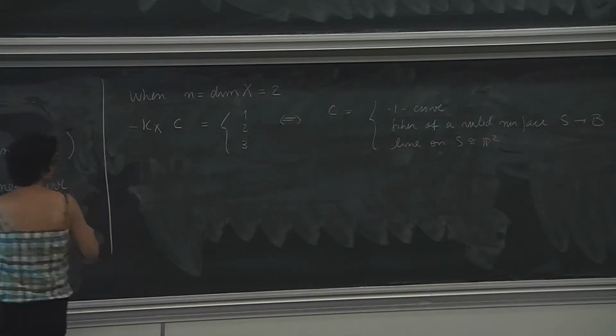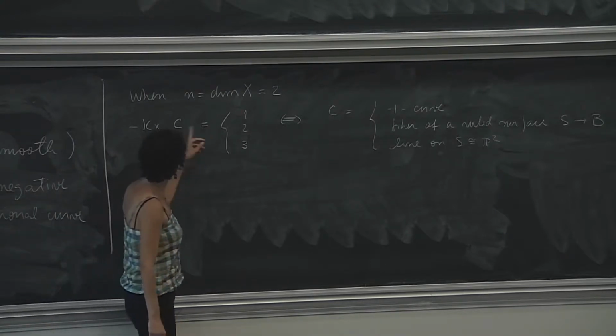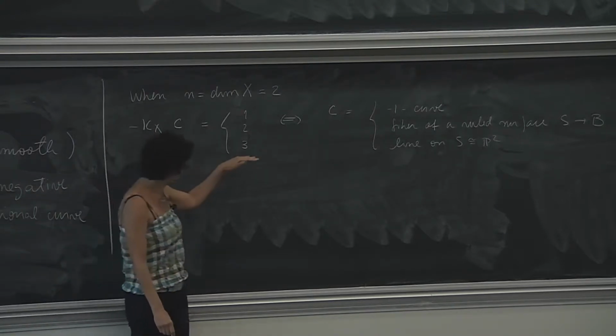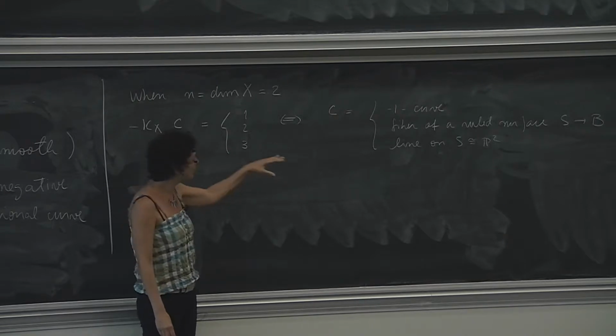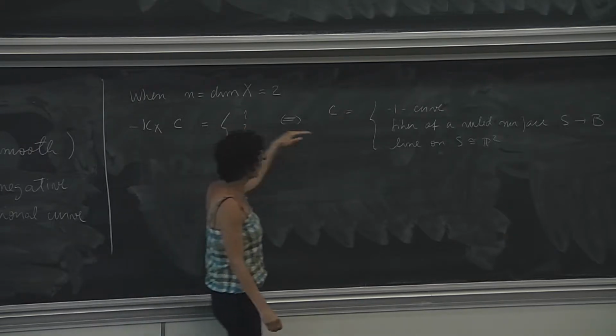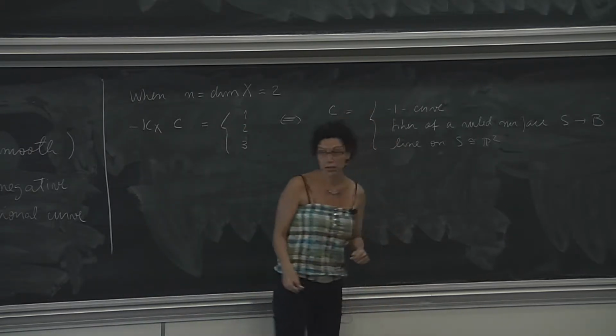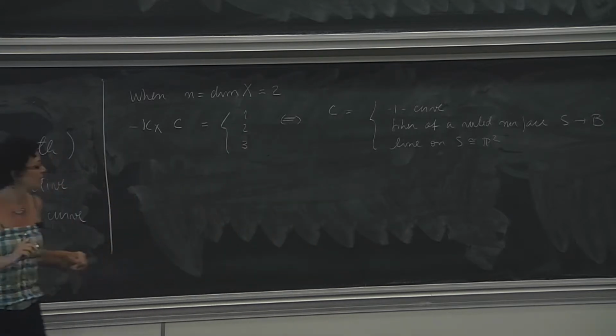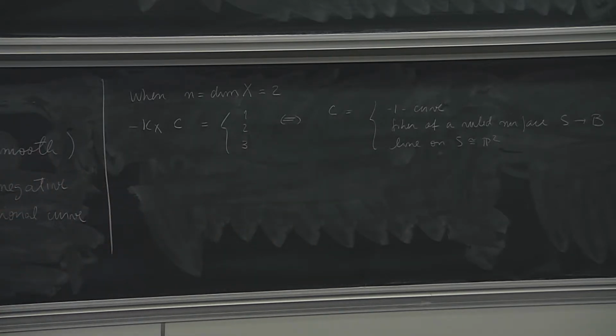So we see that when the length of the extremal ray is maximal, we have projective space. In the middle case, we have a fibration, and then a -1 curve. A similar classification holds in arbitrary dimensions.